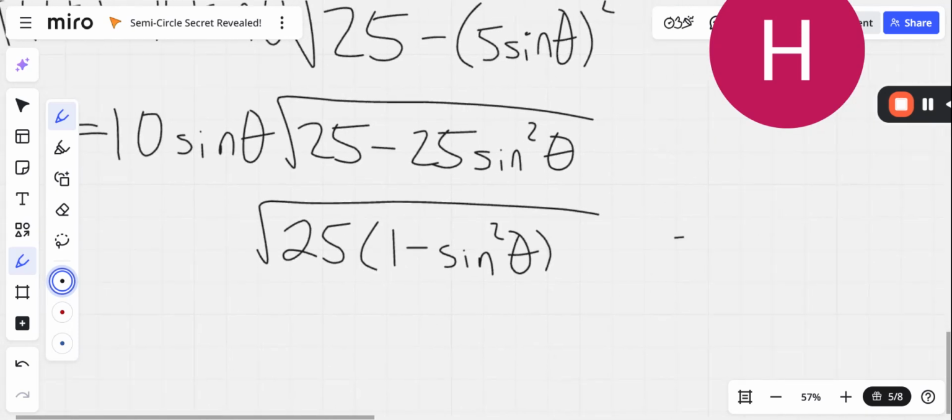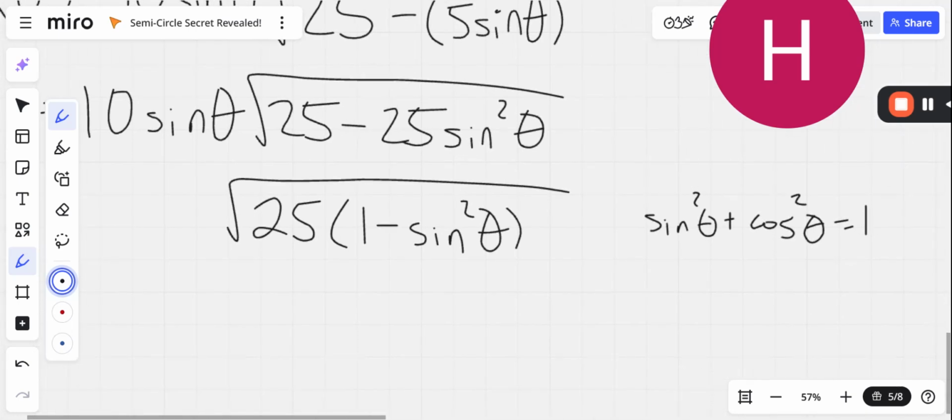Since sine squared plus cosine squared of theta, or x, or whatever variable you want, as long as these are matching, equals 1, which means that 1 minus sine squared is exactly equal to cosine squared.